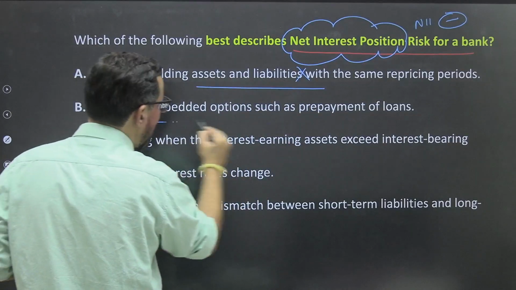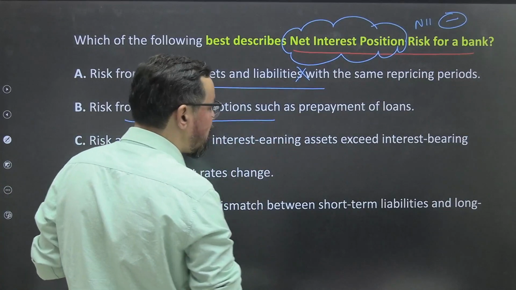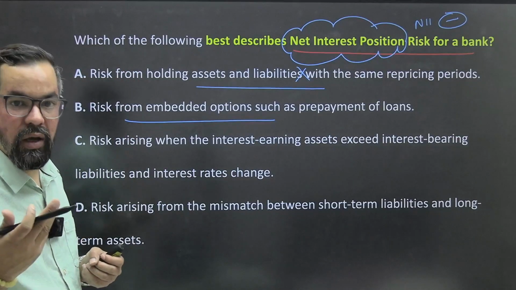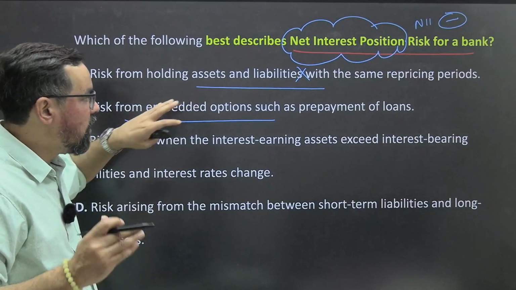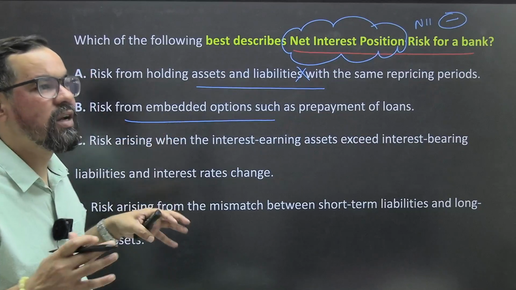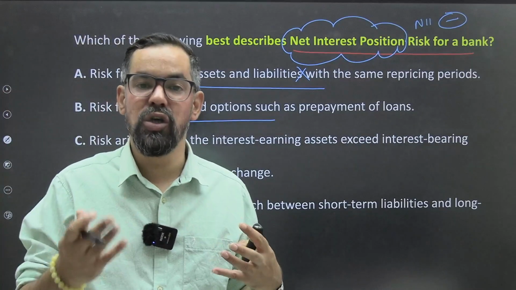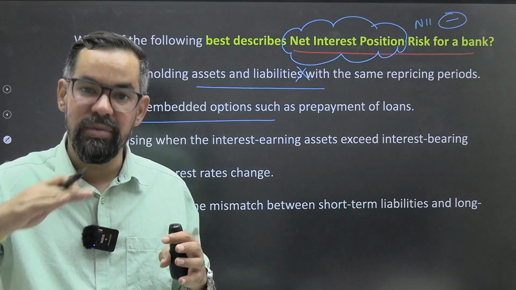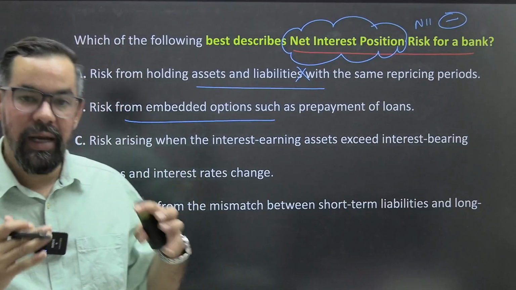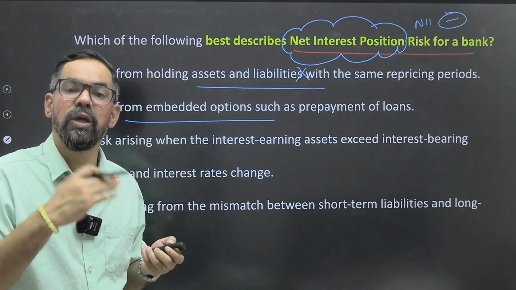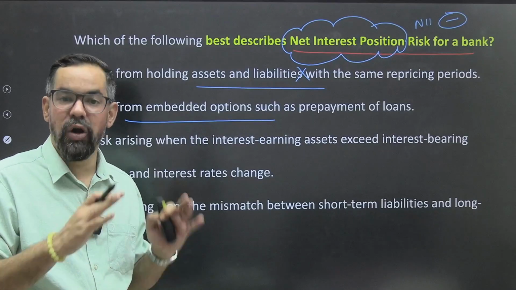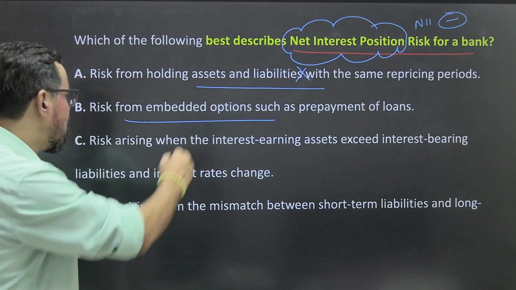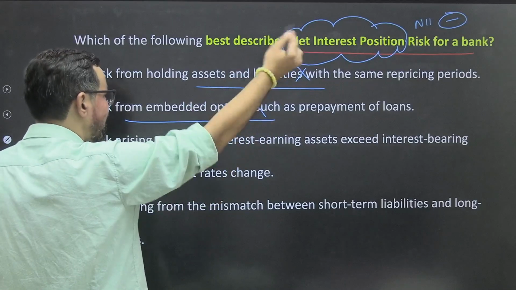Risk from embedded options such as prepayment is where customers have premature or prepayment options. When interest rates change, customers go for prepayment of loans and premature withdrawal of deposits. So this is also wrong. It is not related to this.